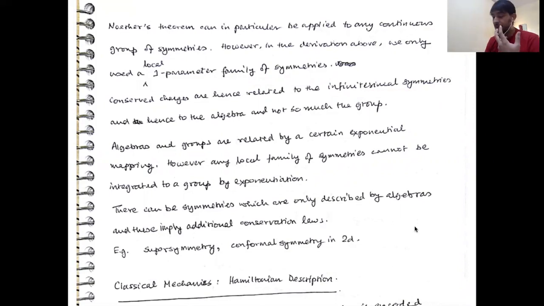The algebras and groups are related by, as I say here, some sort of an exponential mapping. But it's not clear that any local family of symmetries can be integrated to a group by this exponentiation. You would not be able to exponentiate all of these things.